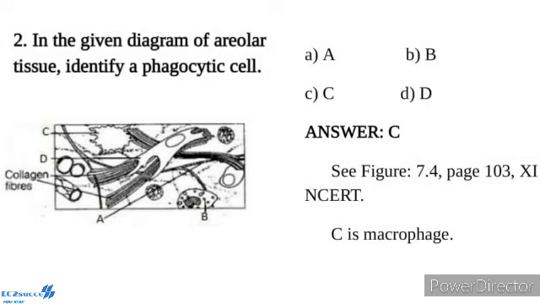Types of connective tissue. There are three main types of connective tissue, which are further divisible into a number of types. First one, loose connective tissues. These tissues have cells and fibers loosely arranged in a semi-fluid ground substance or matrix. Number one, areolar tissue, otherwise called loose connective tissue.